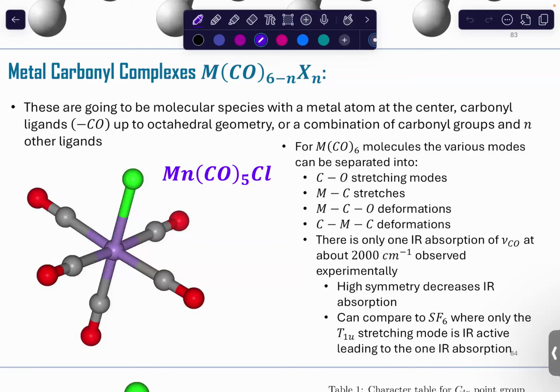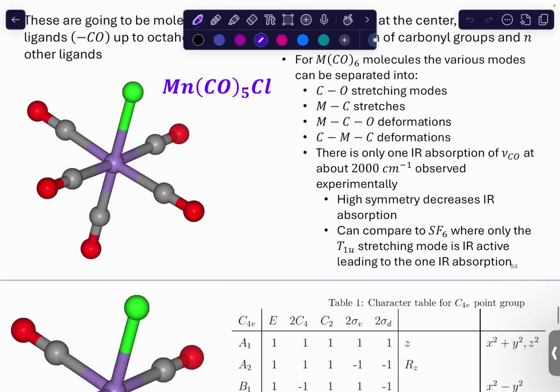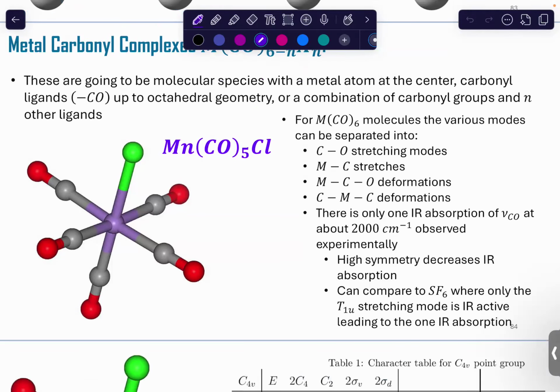And one thing you'll notice is if we go all the way to CO6, that's an Oh point group. Your higher symmetries are actually going to start to kill off your IR absorptions, and it can make things a little bit harder to read. One thing we can do is start comparing these. In the textbook, you'll find there's sulfur hexafluoride that also forms an octahedral structure.